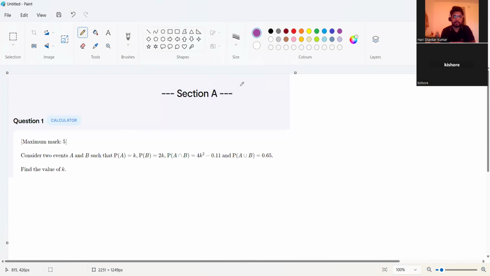So I hope you know the formula to connect all these things. Basically, P(A union B) is equal to P(A) plus P(B) minus P(A intersection B). This is the formula to connect union and intersection along with individual probabilities.